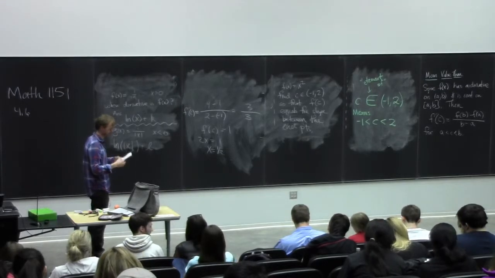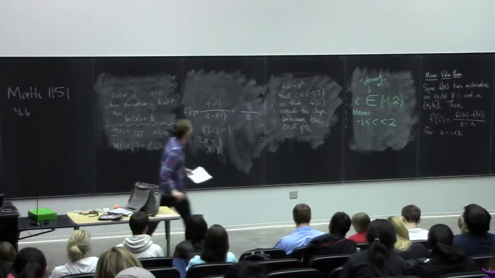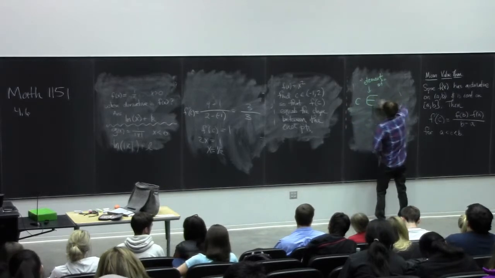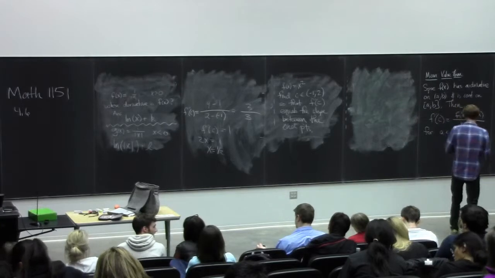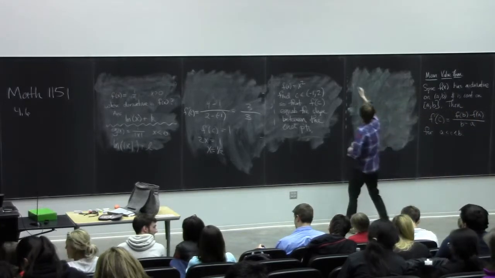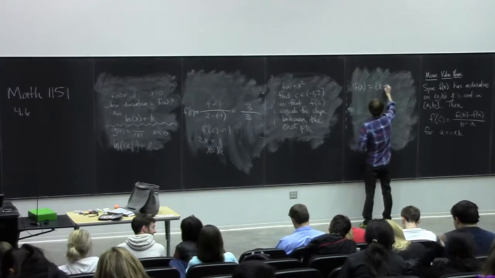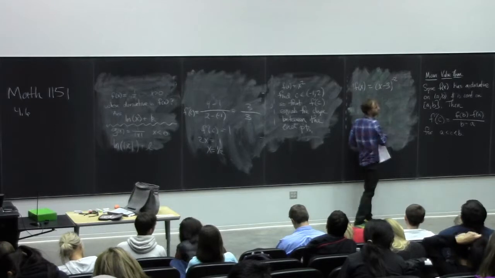Okay, let's do number 5. This is from the Mooculus stuff. This one's one of my favorite questions. So f of x is equal to x minus 3, to the -2.